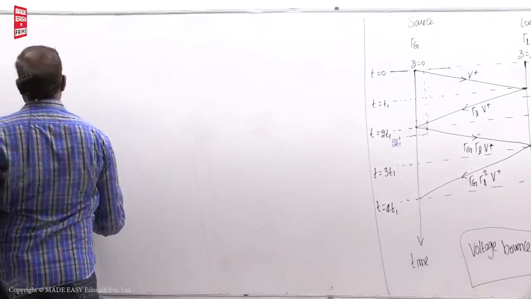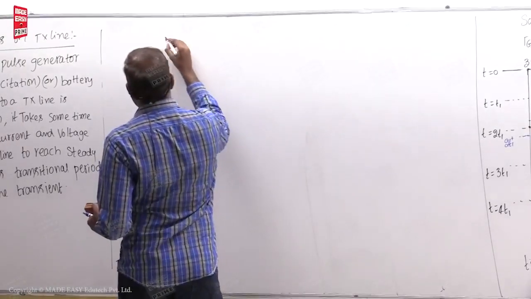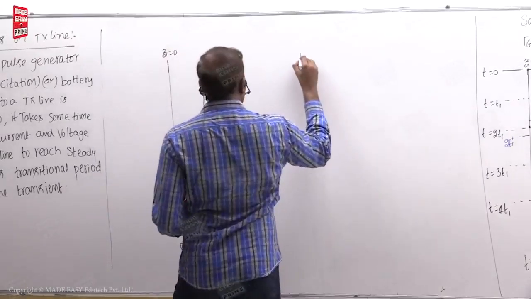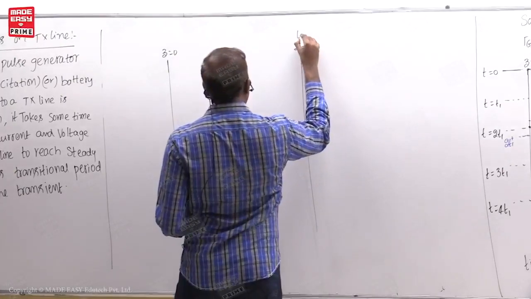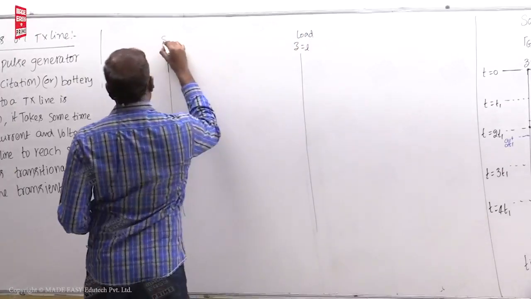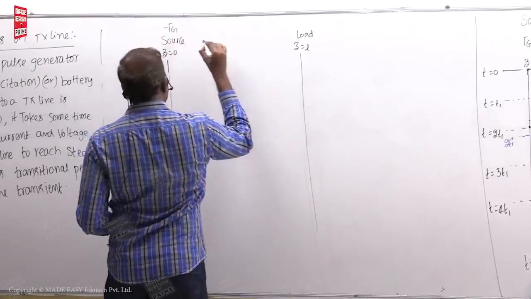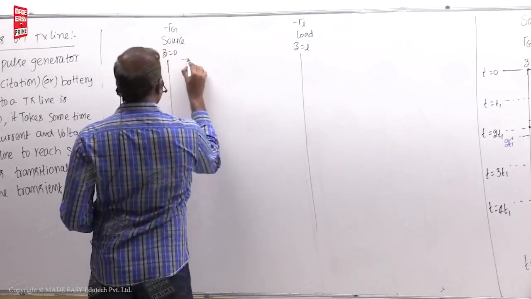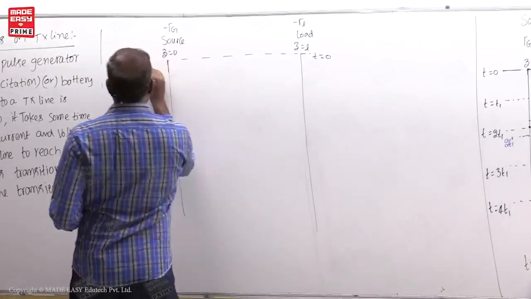So that current bounce diagram is similar to the voltage bounce diagram. You see this one. This is Z is equal to 0. Now here Z is equal to L. This is load. This is source. And here minus gamma G for currents, minus gamma L for currents. This one is T0.